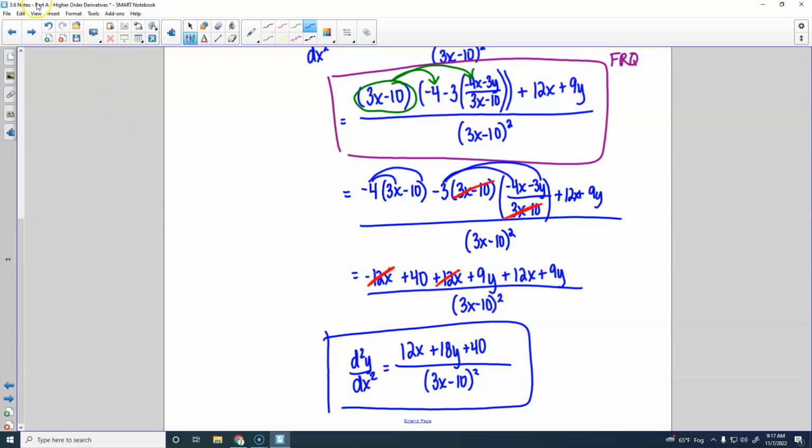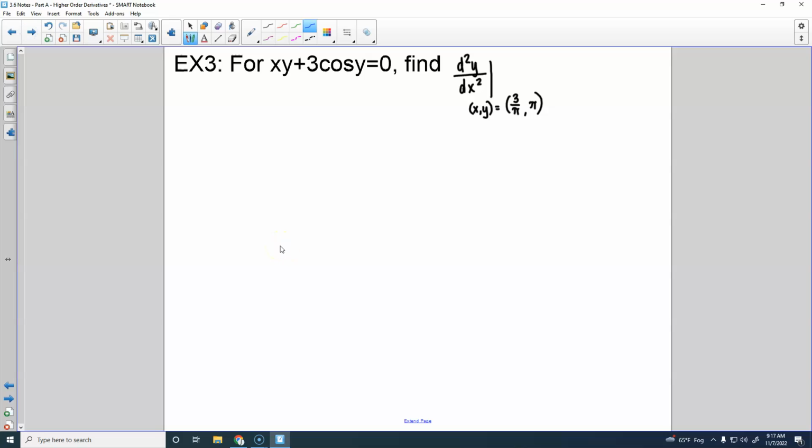All right, this is the last one we're going to do for a warm-up. Okay, so we've got xy plus 3 cosine y, and this equals 0. And we are supposed to find the second derivative at 3 over pi.